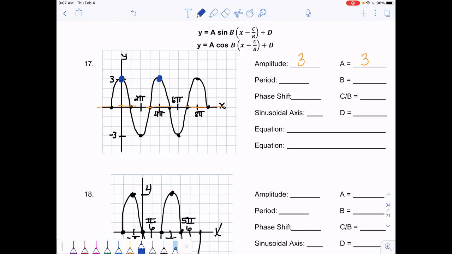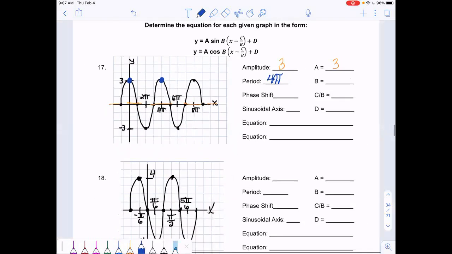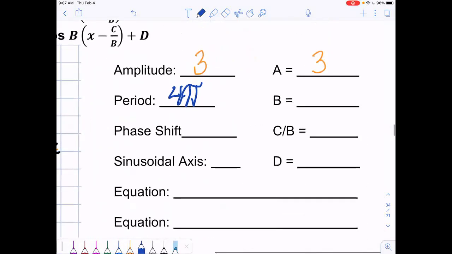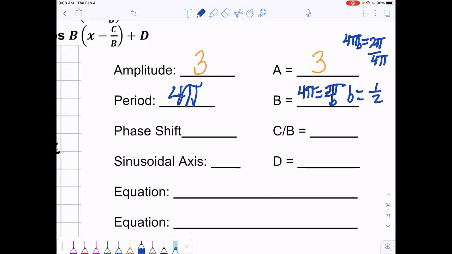Jeremy, what's the distance from the first peak to the second peak? 4 pi. How can you use that to find B, Jeremy? Yeah, so the period is equal to 2 pi over B. We're actually taking 4 pi, setting that equal to 2 pi over B. So B is a half.